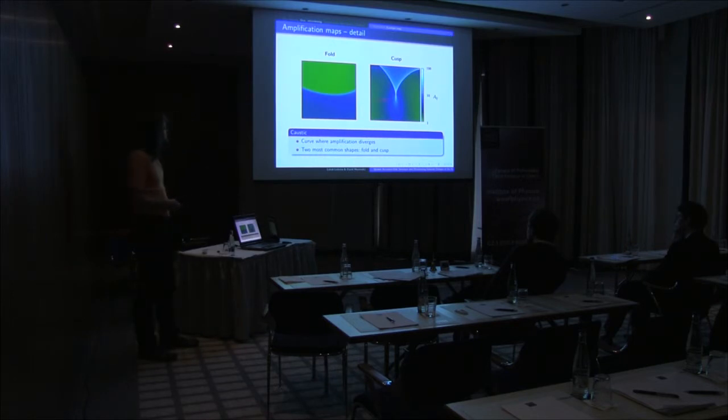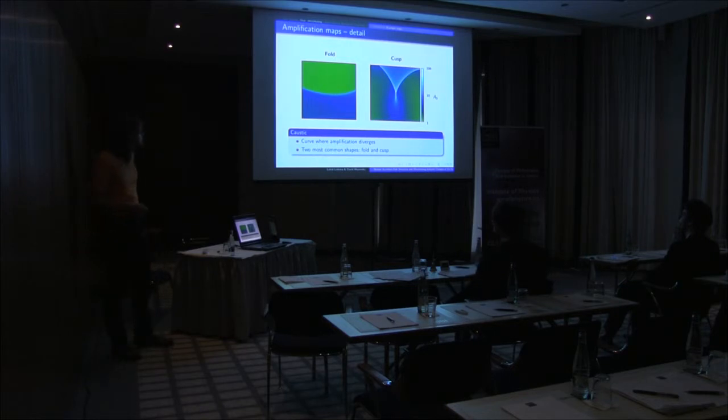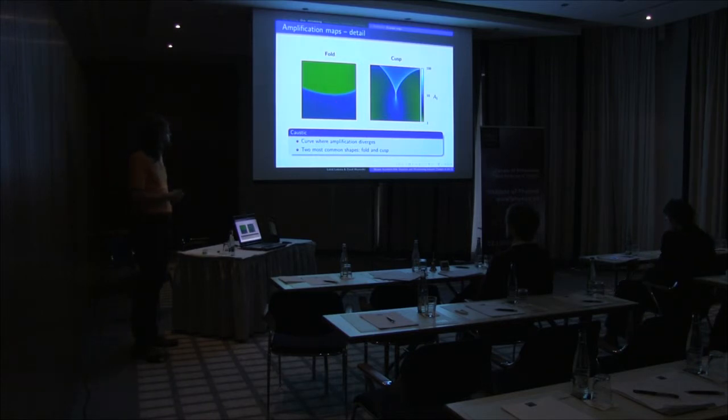On the amplification maps, you can see two main types of the caustic. One is the fold, and the second one is the cusp. There are also some other shapes, but these two are most common. But in the rest of the talk, we are going to study only the fold caustic, because it is much easier to approximate by some analytical function, and there is only one parameter which characterizes this fold caustic.